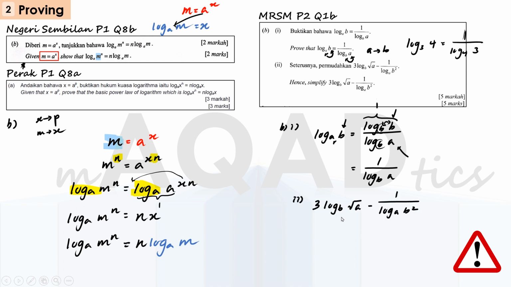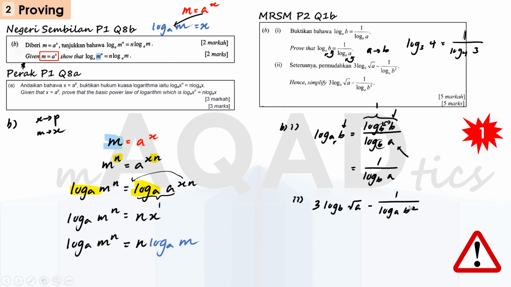Okay, so now as you can see here, we have different bases. One is b, one is a. So the first step is to change the base, right? So here what we can do is use this technique to change the base, because here we have a b and here we have a. So if we switch the place, it will be something like this.